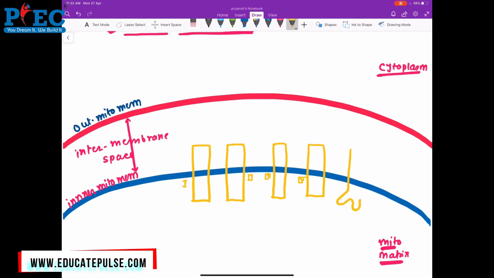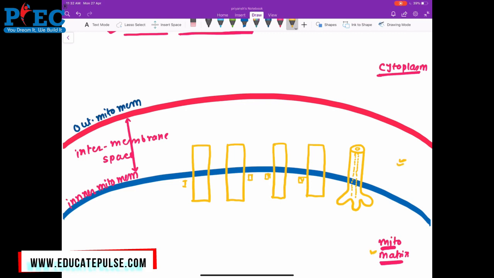Now, I have deliberately made the structure of complex 5 somewhat different. What I want to highlight is that complex 5 has a tunnel-like structure in the center of it. Basically it is a passage which connects the intermembrane space with the mitochondrial matrix.